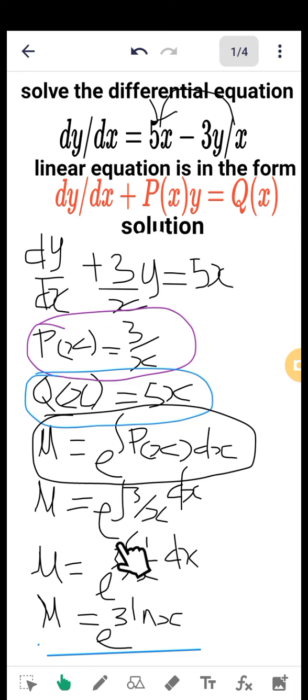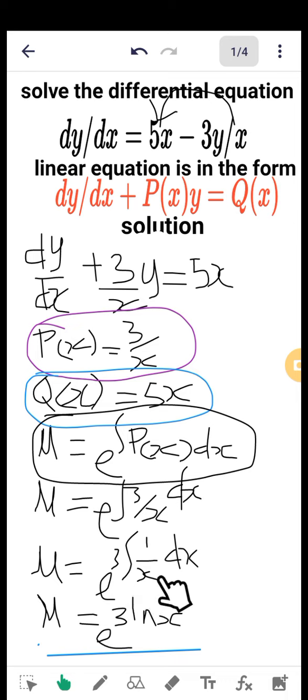Upon doing that, 3 over x can be written with 3 as the constant, so 3 will come out multiplying the integral of 1 over x dx. Nothing has been done to the equation; it is the same thing. Integrating 1 over x, we know this is a function and its derivative: when we differentiate x, we get 1.